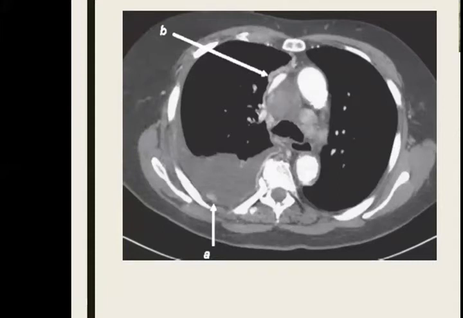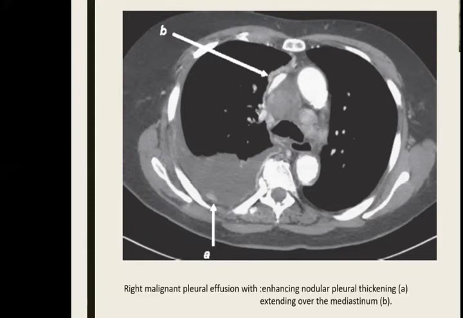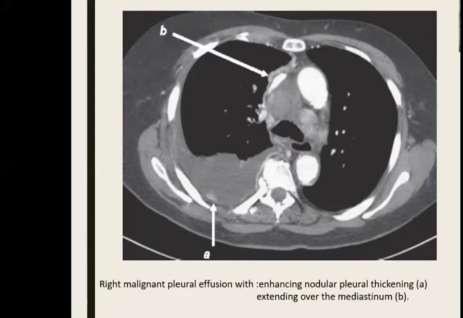But the problem is that it does not show us how we should manage this patient, because it will not be able to show you septation. Septations are only visible with the ultrasound. So whenever you see a septation, either you go for a medical thoracoscopy or a CT scan or a surgical referral.